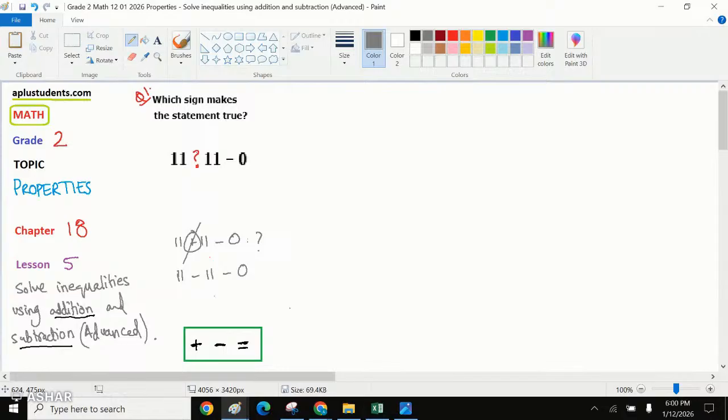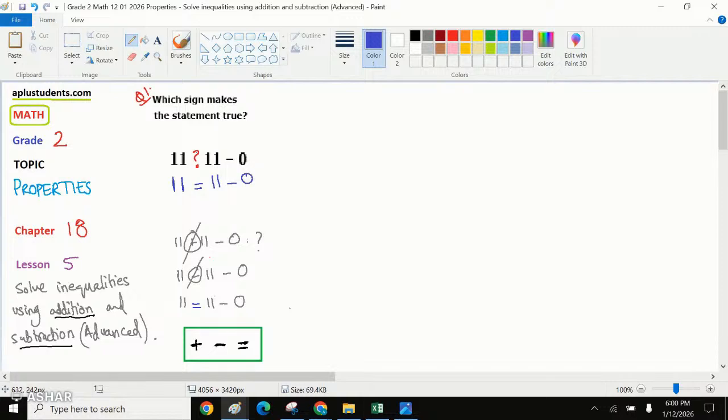Does this statement make any sense? Still does not. Why? Because once we write 11 minus 0, if we put an equal sign in the middle, can we say 11 is equals to 11 minus 0, right?